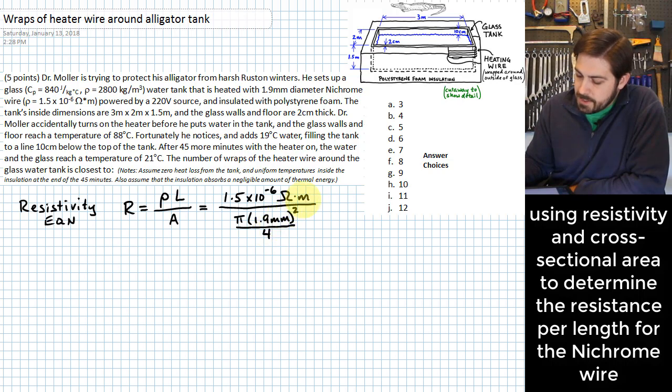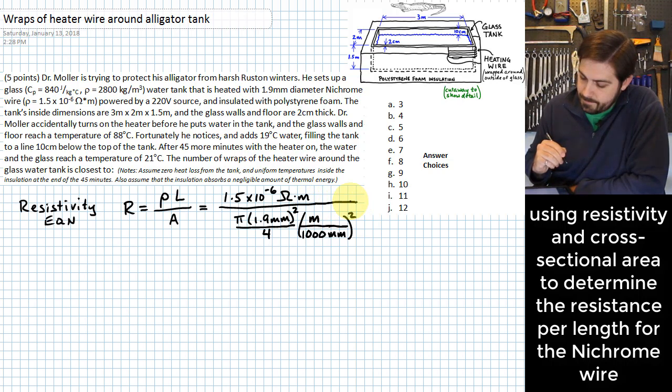We end up with some inconsistent units here between meters and millimeters, and so I'm going to fix that with a conversion from millimeters back to meters. And because it's squared, I need to square that conversion. Now I'm missing one last little thing. I've got rho and I've got A. I need to say that this is times however much length of wire that I have.